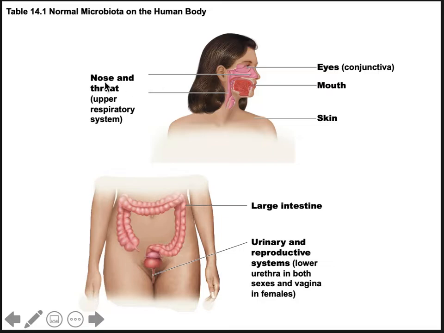Everything else, everything that's coming in contact with the skin, with the air, such as your skin, your eyes, your mouth, your nose and throat, right, the upper respiratory system, your intestines, and the urethra, right, of course, are all areas constantly in contact with the environment and will be colonized by bacteria.